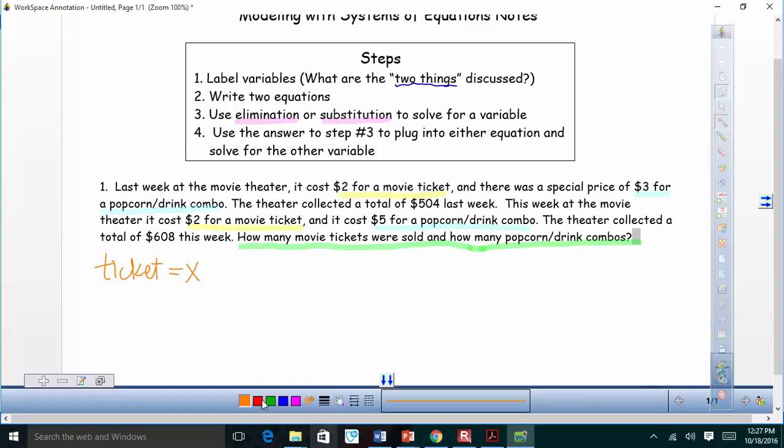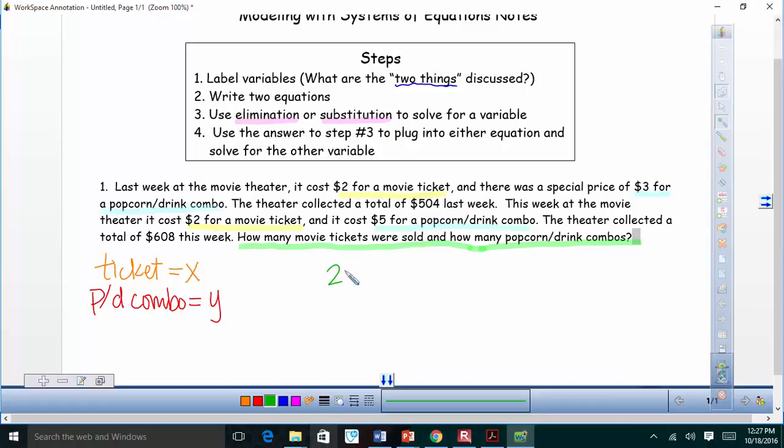Okay, so that means that our popcorn/drink combo would be, what do you want it to be? Y? Okay, so week 1, how much was a movie ticket? $2.